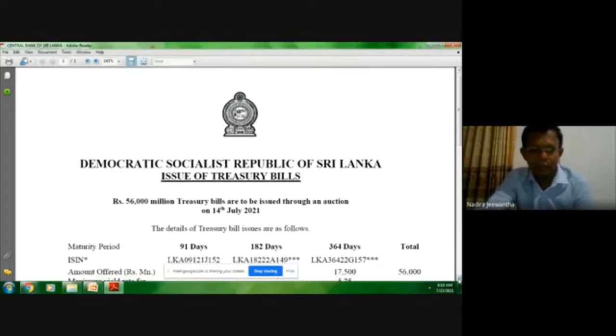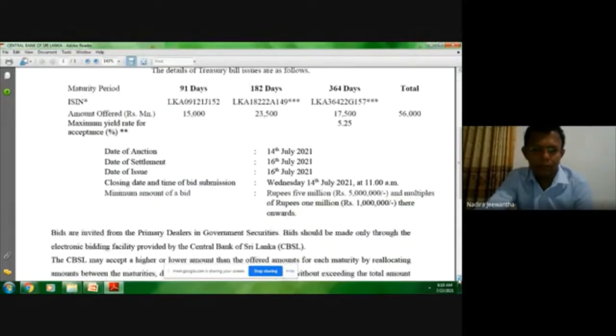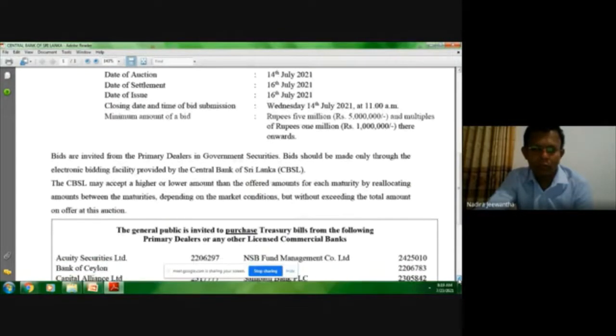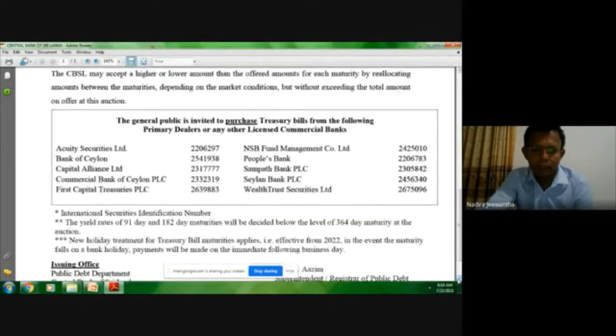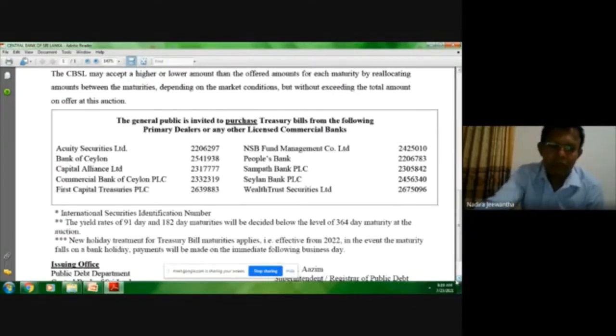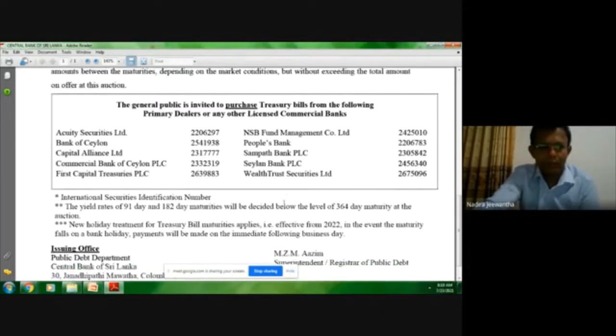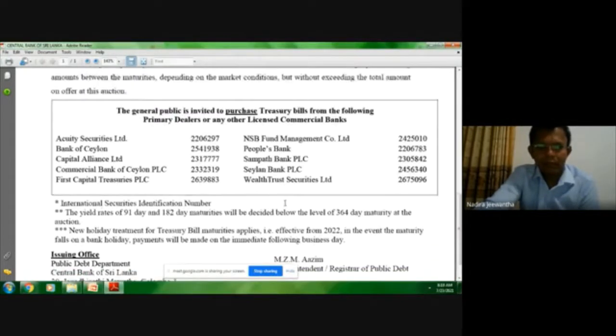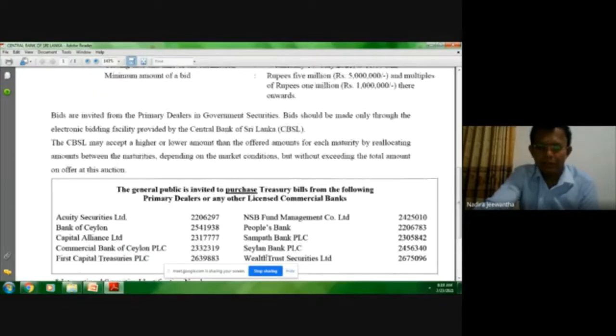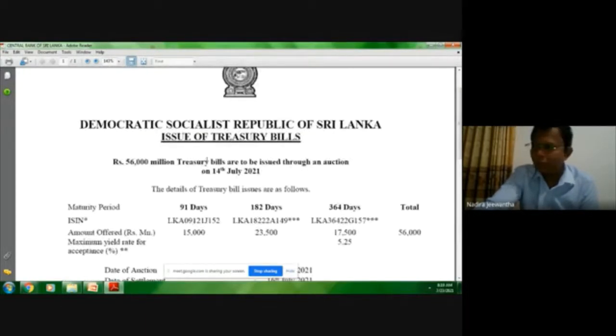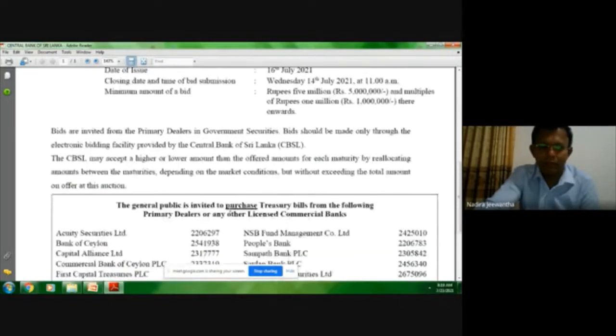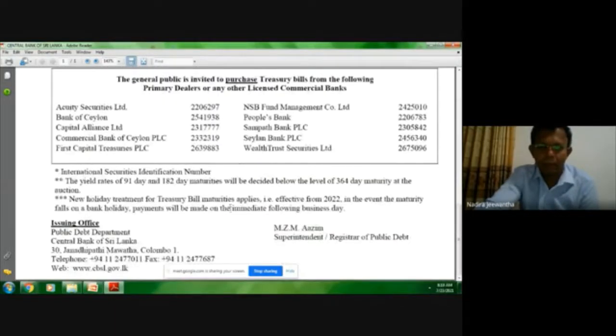I think this is familiar to you, right? We have discussed all the available features here. The only thing is, the examiner has not tested this so far. I'm requesting you to have a thorough look at the contents of the advertisement. This is an advertisement issued by the government of Sri Lanka to get funds from the public. The issuing office is the Public Debt Department of the Central Bank on behalf of the government, right?